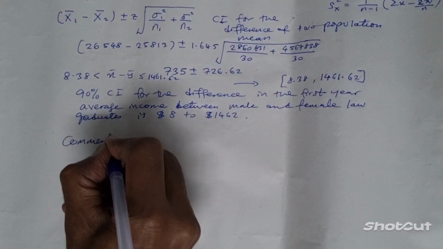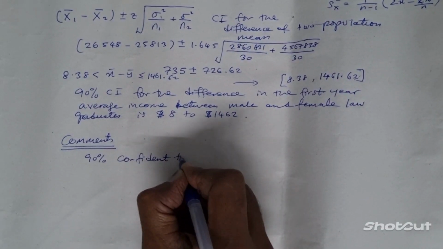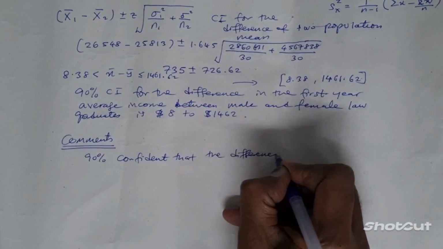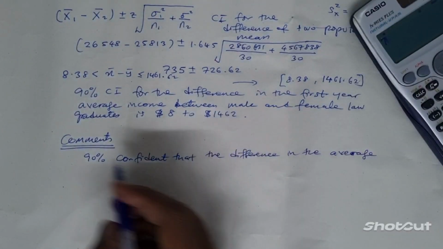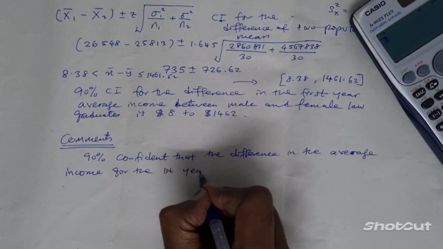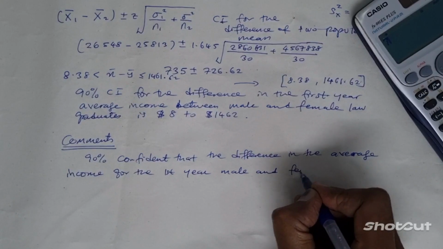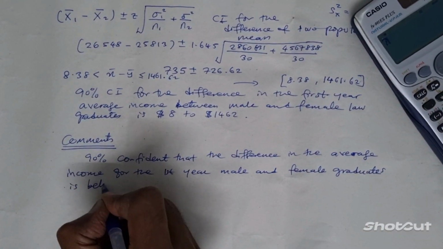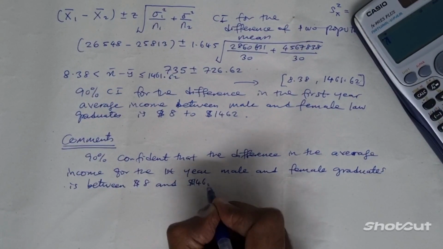And so for my comments, I am over here 90% confident that the difference in the average income for the first year for male and female graduates is between $8 and $1,462.